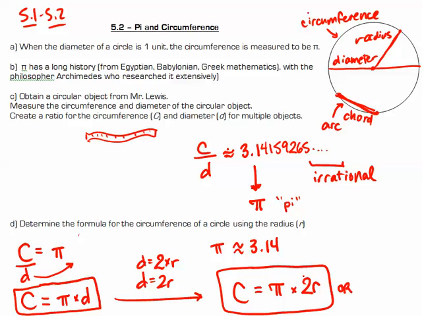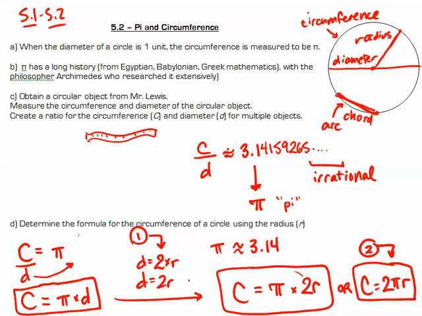Or I can rewrite this with the numbers in front: C equals 2 times pi times r, where pi is 3.14. So these are our magic formulas. Magic formula number 1 for this chapter was this one, and now we are looking at magic formula number 2 and all of its possible other formulas as well.